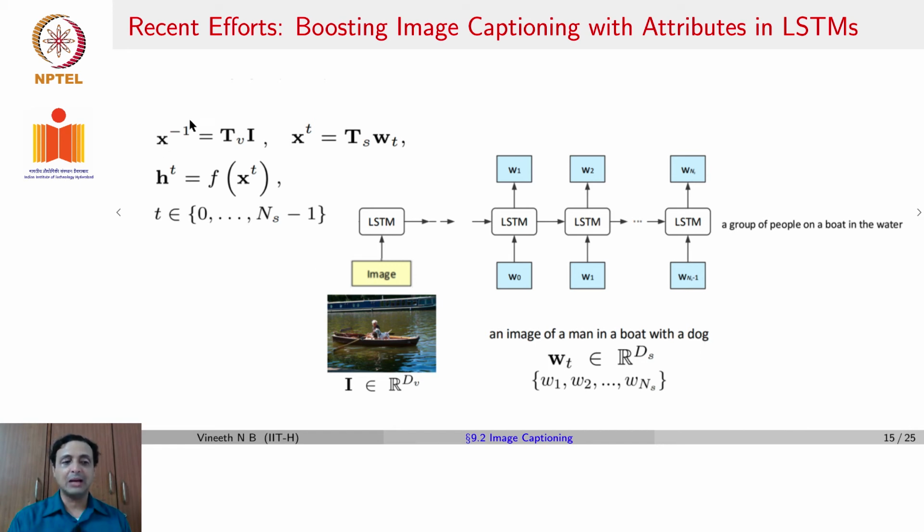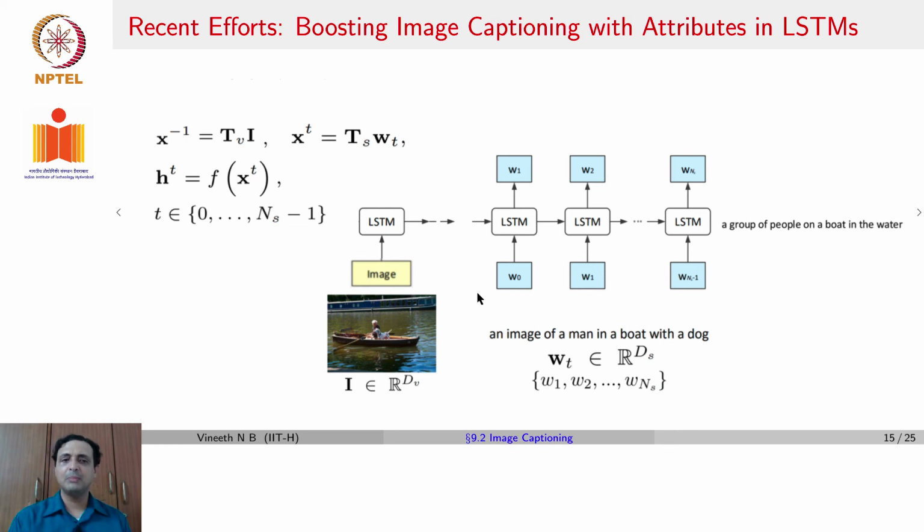X at -1 is some transformation applied on the image. By transformation, that could just be a set of weights, and XT, which is the input at every time step, is a transformation of each word in the caption.